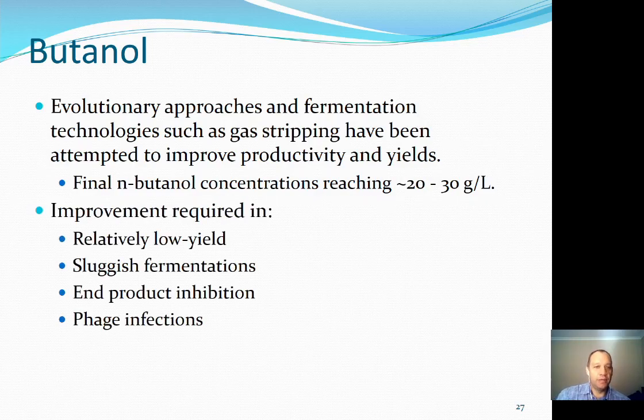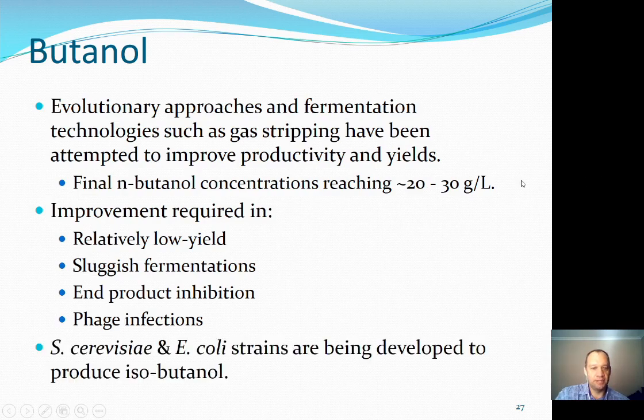So improvements are required in yield, in sluggish fermentation, so we need to improve that fermentation rate. We need improvements, as mentioned, in end product inhibition, and as with any bacterial fermentation, a big problem is also bacteriophage infections. So we need strains that are not going to be attacked by specific bacteriophages.